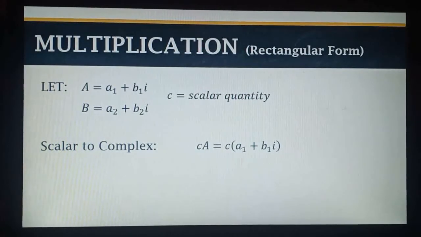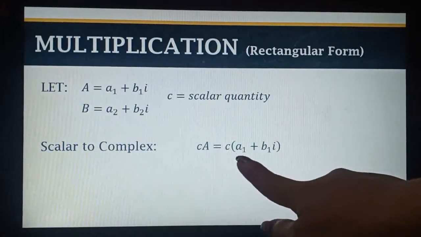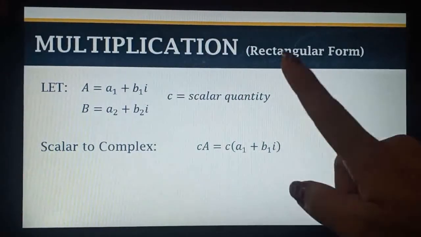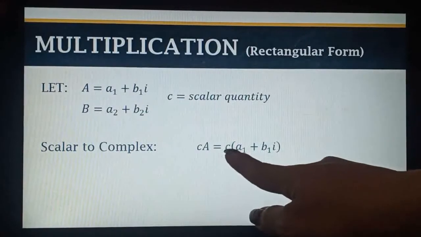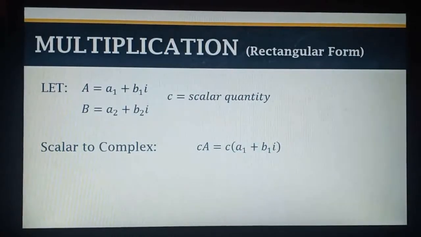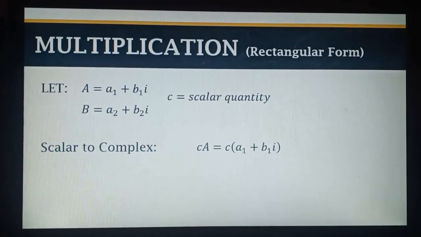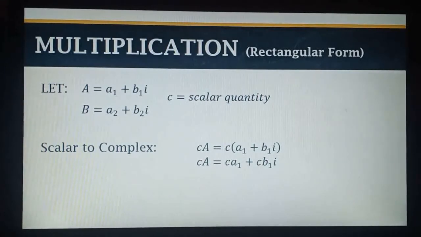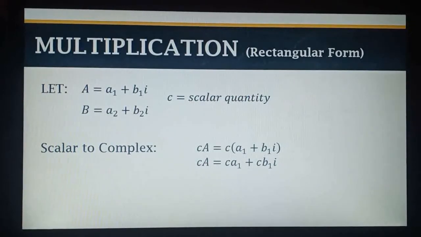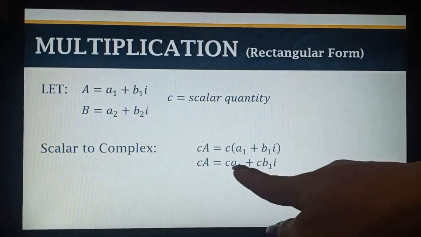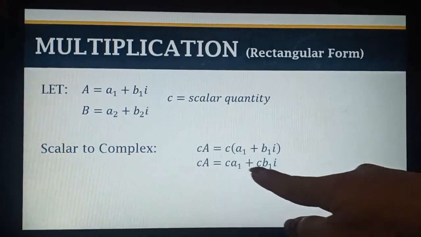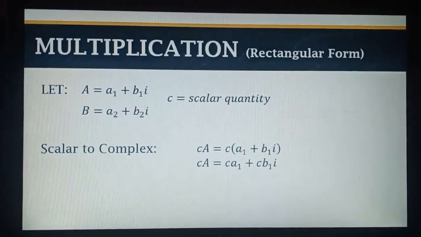So C multiplied to A, that is C multiplied to A1 plus B1i. All you have to do is to distribute the scalar quantity to each and every component of the complex number. So CA is equivalent to C A1 plus C B1 multiplied to i. So the i is not affected. Still, this is your real part and this is your imaginary part.